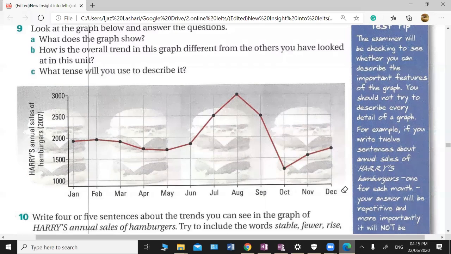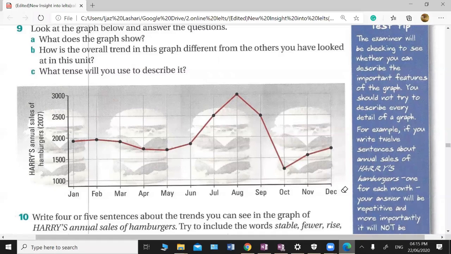It means, Anis, you notice another thing. Harry's annual burger sale is never stable. It started from one point, then it is increasing, it is falling, it is going up, it is going down, it is touching the peak, then it falls down.